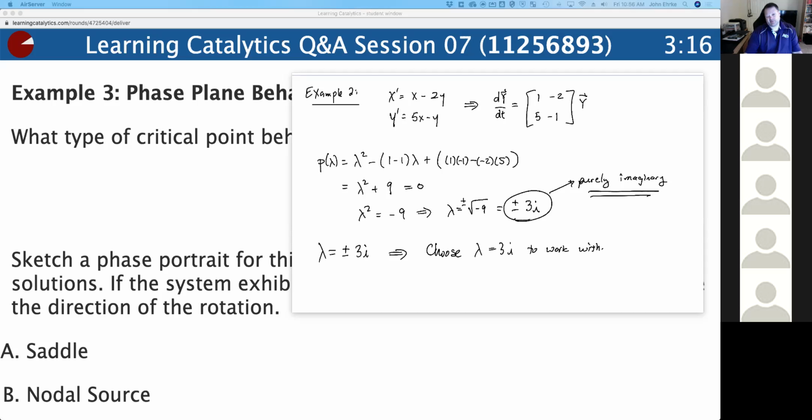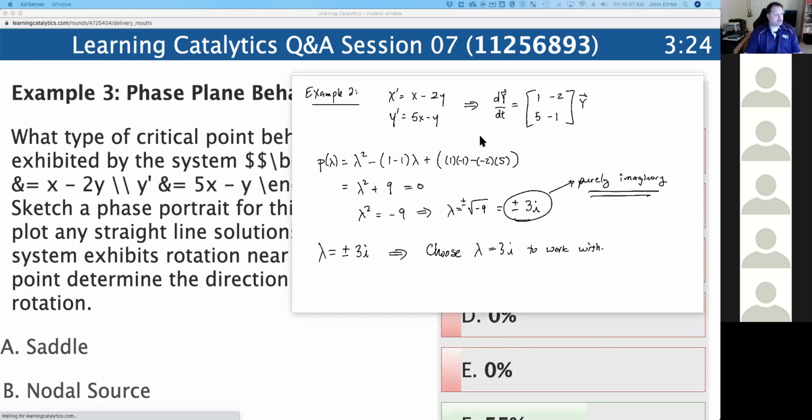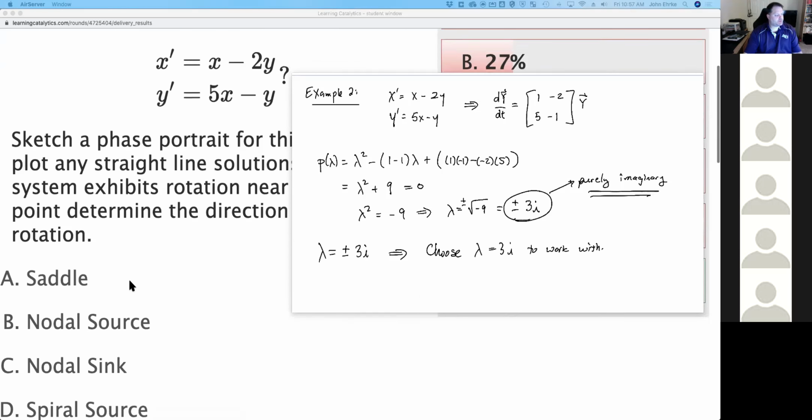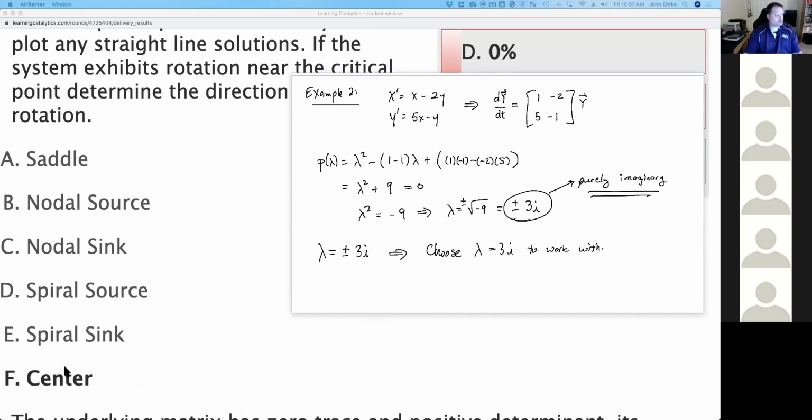All right, you've got about 10 seconds. All right, all the results are in. The correct answer is we have a center, or a pure closed circle, ellipse, whatever the case may be, in the phase plane.